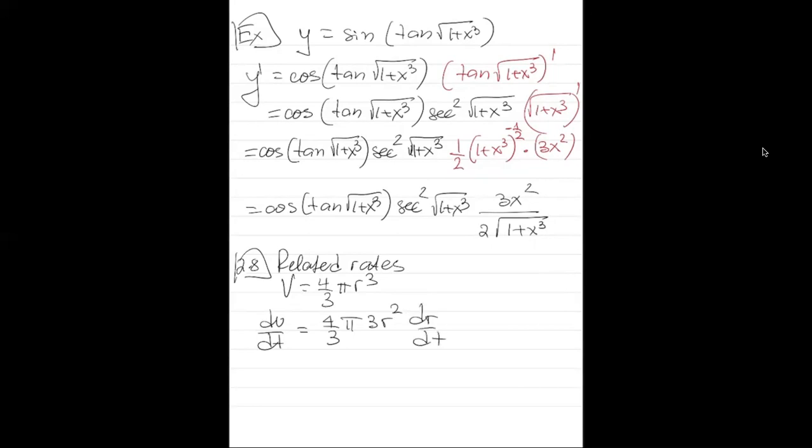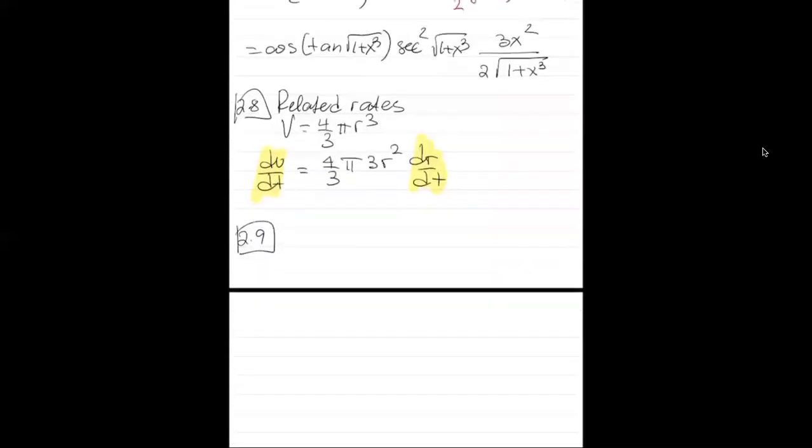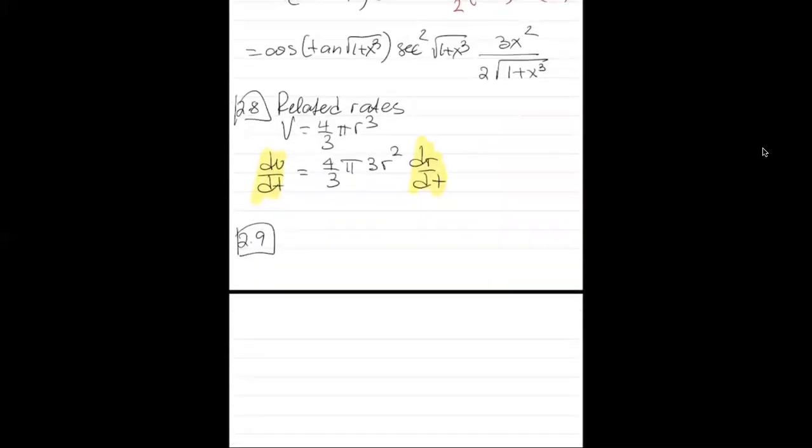So here are the two rates, dV/dt and dr/dt. One of them will be given to you, you have to solve for the other. 2.9, you can look at your tests and do an example from your test on chapter 2.